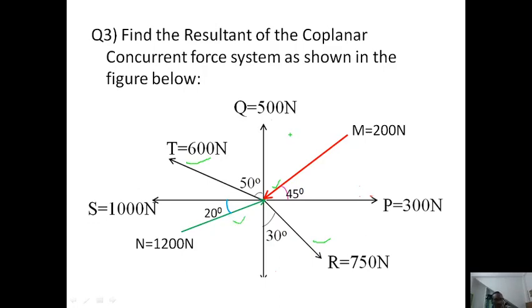So we have to take all the directions, and in this problem another twist is the angle is varying at different points. Some angles are given with respect to the y-axis, some angles are given with respect to the x-axis. You see this 45-degree with respect to x-axis, this 50-degree with respect to y-axis, right?